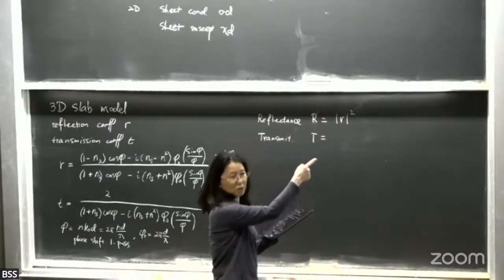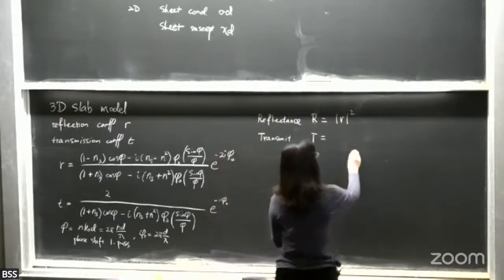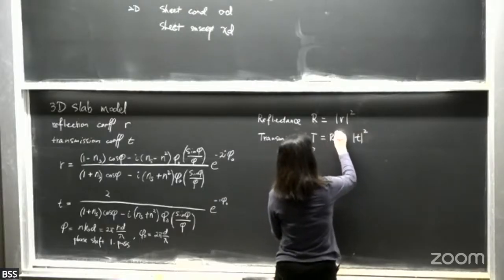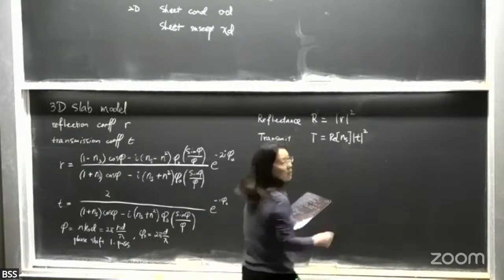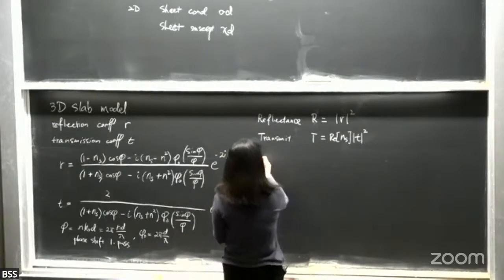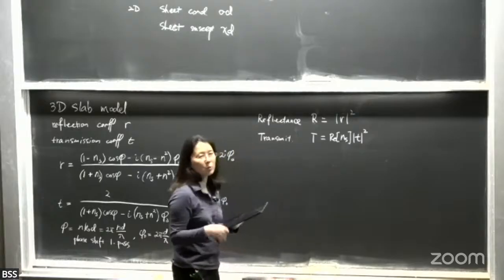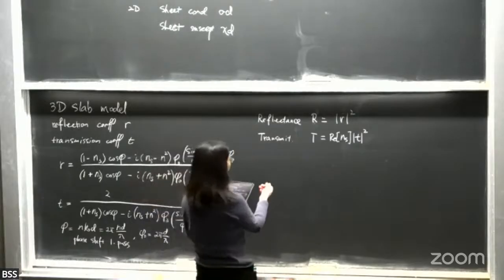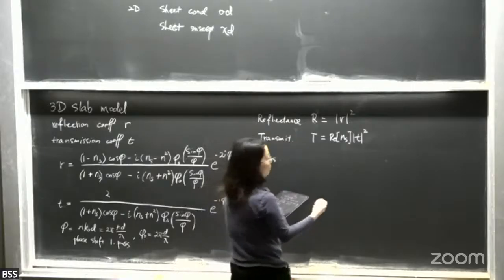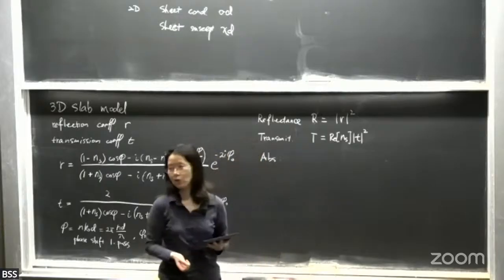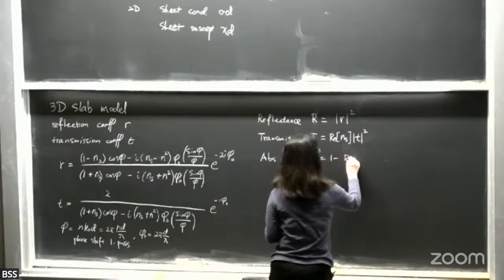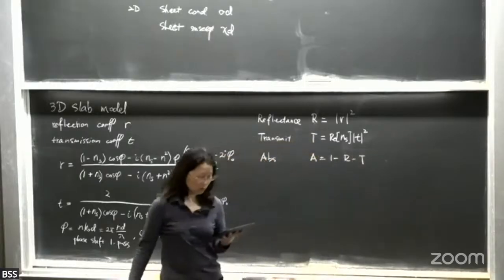And because we have a substrate, it's not just the modulus of T squared, we have the real part of the substrate index. And then, of course, we have absorption in the film. You can derive it, but it should obey energy conservation. So this is absorption.